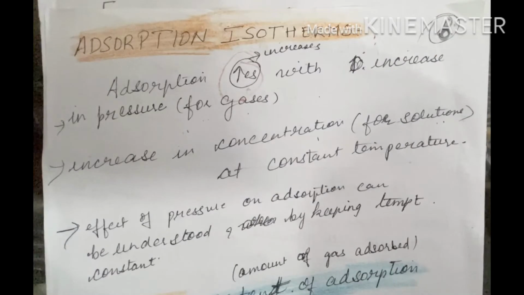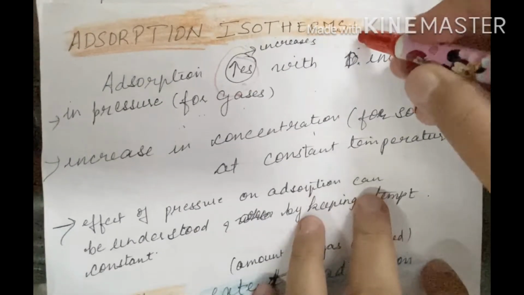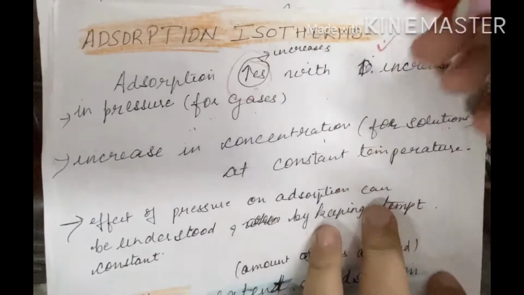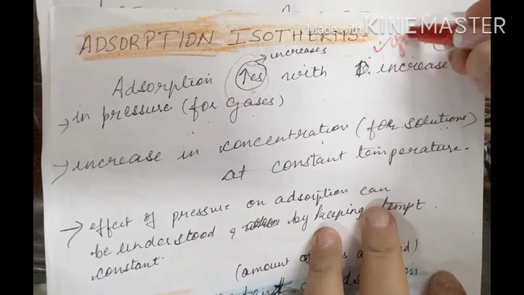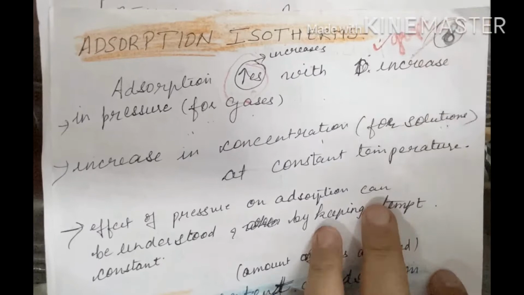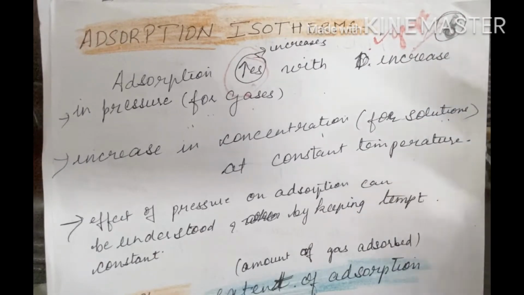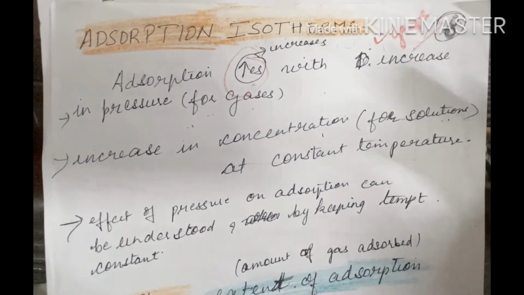So you must be clear about the term isotherms. Isotherms are the graphs which are drawn between the amount or extent of adsorption versus pressure at constant temperature.